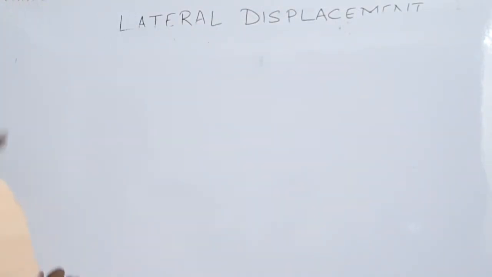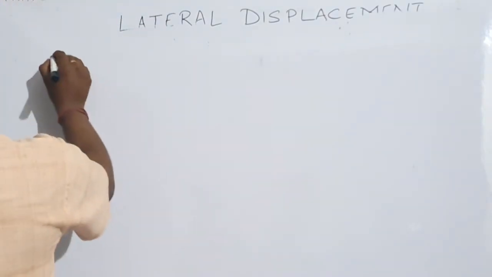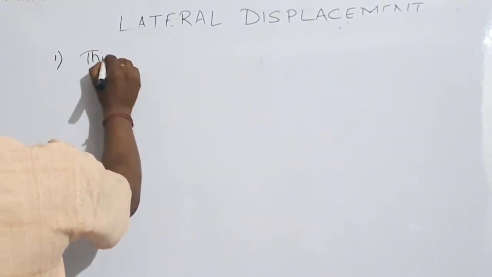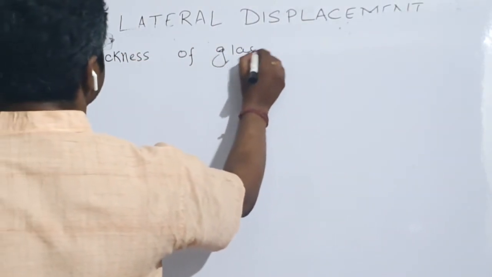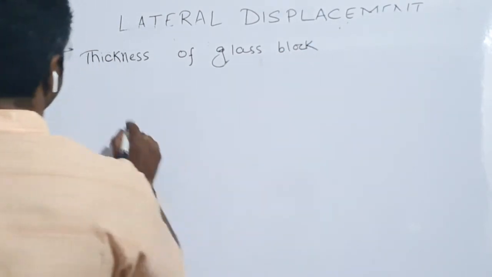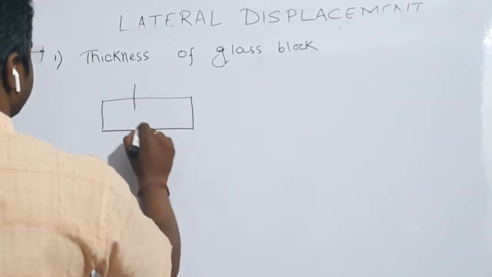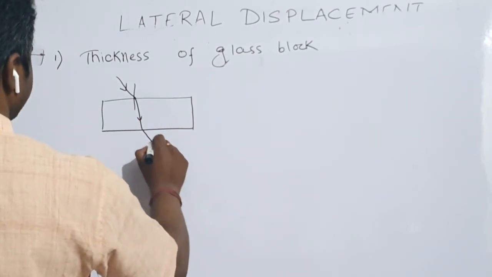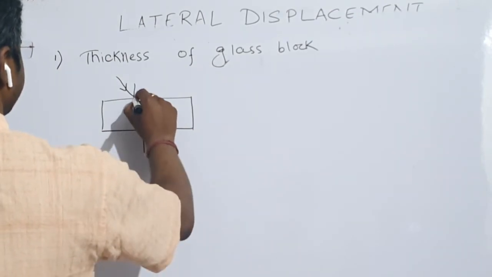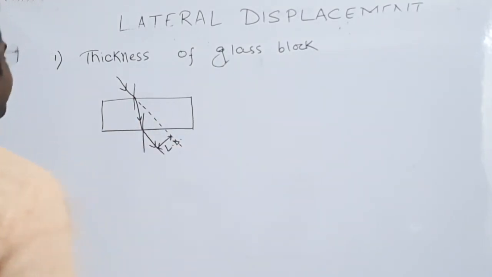Now let's get to another part. Now our next part is lateral displacement and what are the factors? Number one is thickness of glass block. Let's take this thickness first. Normal. So here the incident ray is coming, bending towards normal, again going out. So you draw this like this. This is the lateral displacement. Okay.